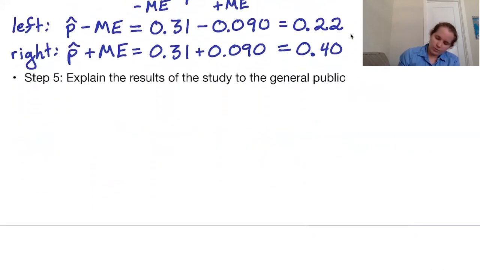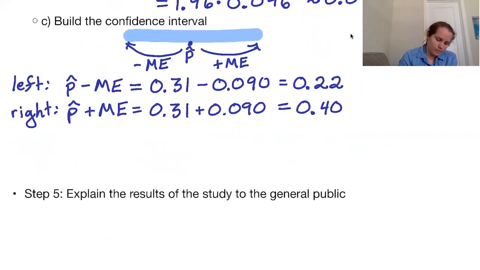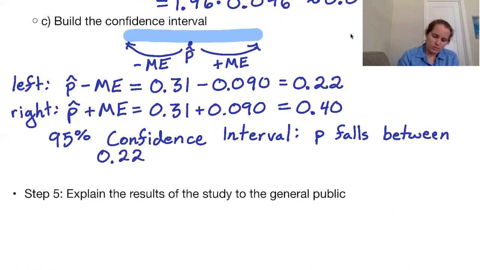Again, giving myself some more room. Our 95% confidence interval is: P, the true population proportion, falls between 0.22 and 0.40.